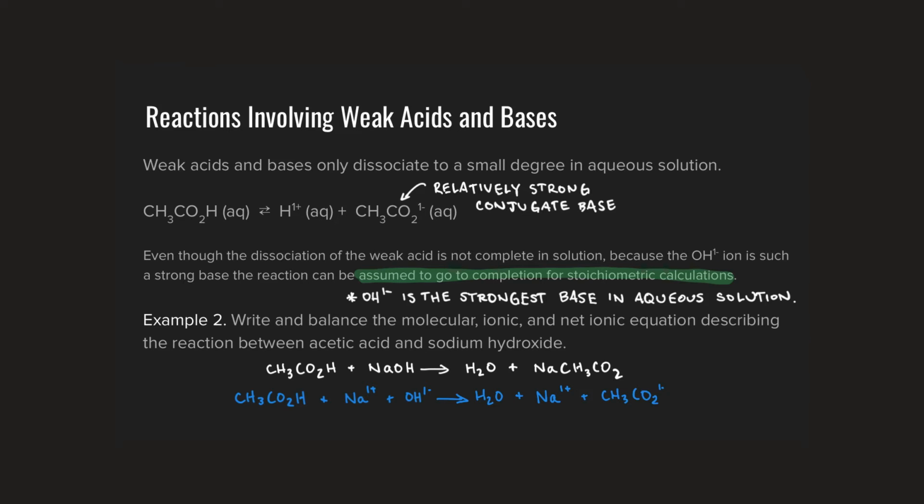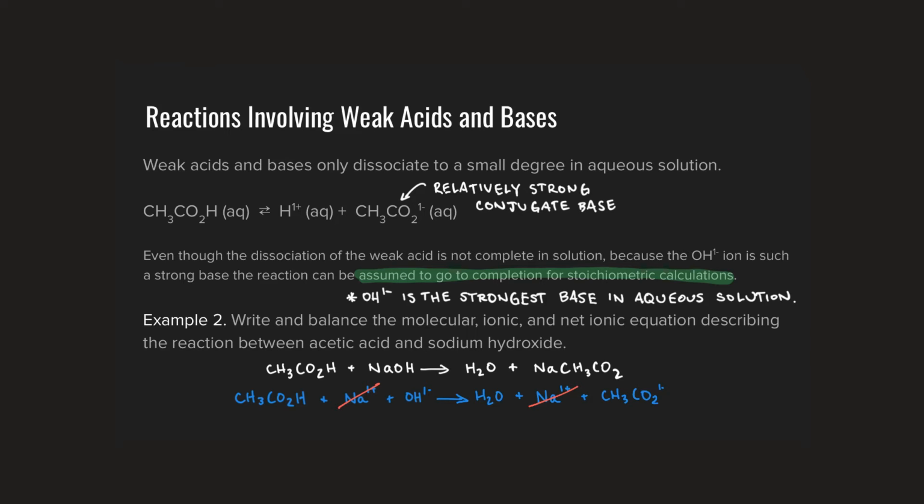And you'll notice here that I don't have as many spectator ions present because the acetic acid, again, is not dissociated on the left side of my equation. The only spectator ion that I'm seeing here right now is that sodium ion. The sodium ion shows up on both sides of my equation.